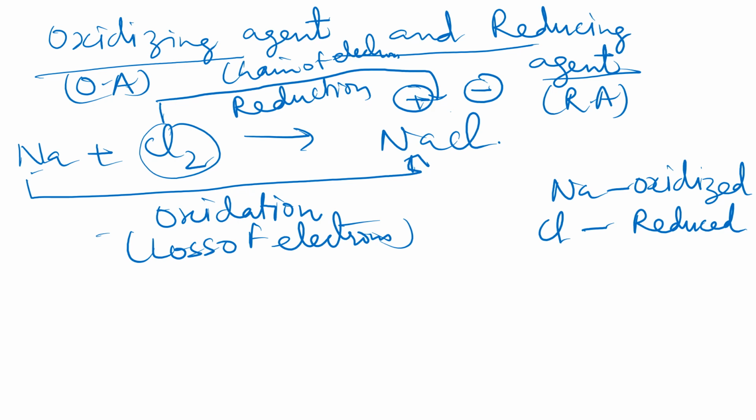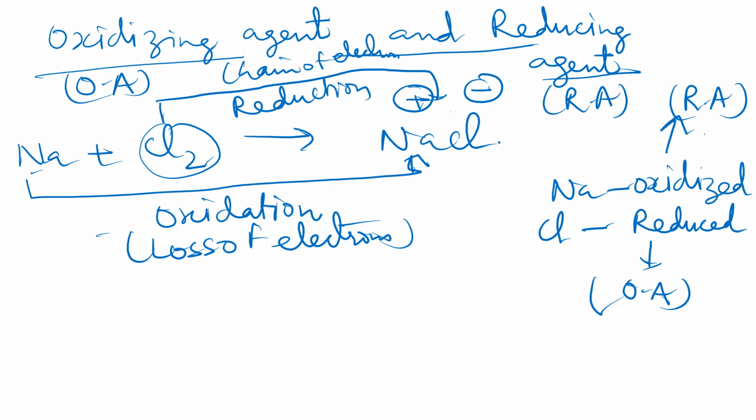Whichever substance is reduced is an oxidizing agent, and whichever substance is oxidized is a reducing agent. The oxidizing agent is the substance which helps in oxidation of the other reactant, and the reducing agent is the substance which helps in reduction of the other reactant.